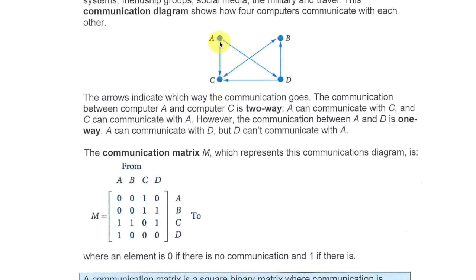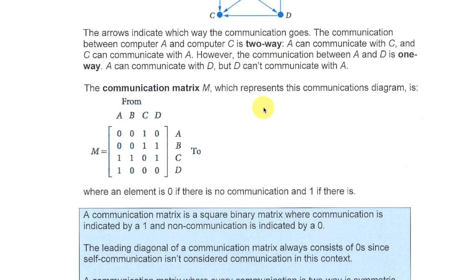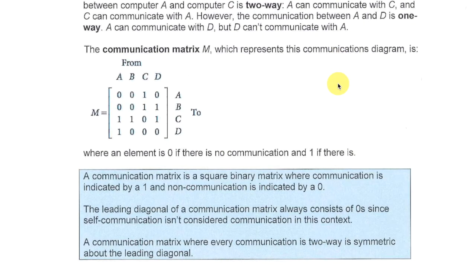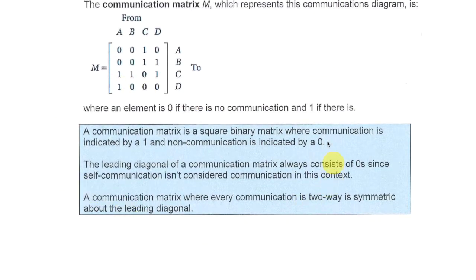So if you have that situation where every single link between the objects is two-way, then a communication matrix will be symmetrical around the leading diagonal. And this one obviously isn't. The reason is because back at our original diagram, some of these communications are just one-way communications. They're not all two-way. And that's summarised in this blue box here.